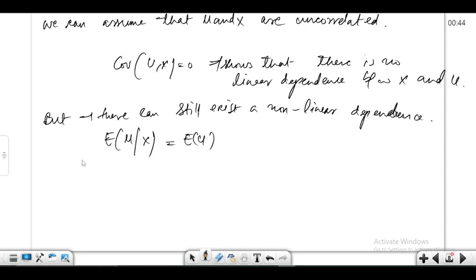I hope this makes sense. Let me repeat this: the expected value of u given x is equal to the expected value of u for the entire population. So I'll explain this. What this means is u is mean independent of x.